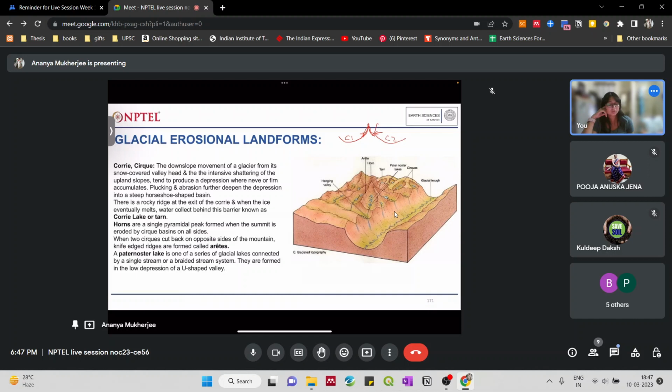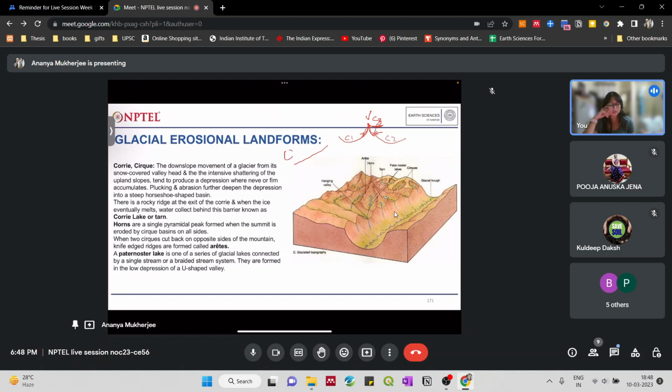Suppose there are three cirques, C1, C2, C3. When all of these are eroding, the ridge, the rock area that is dividing these cirques, is getting eroded, and then later on you're only left with the peak over there.